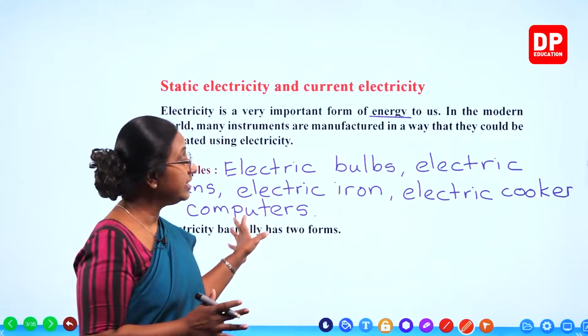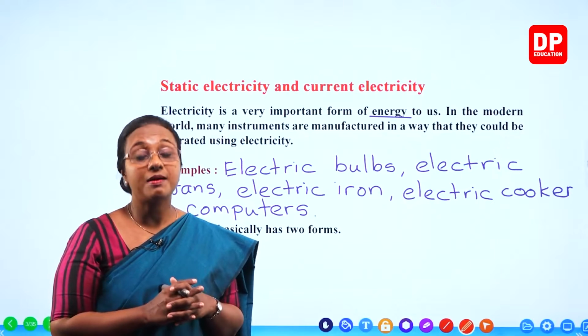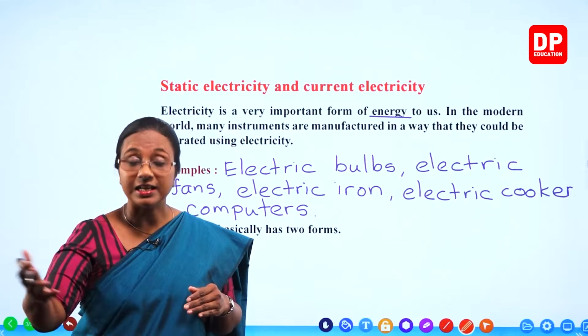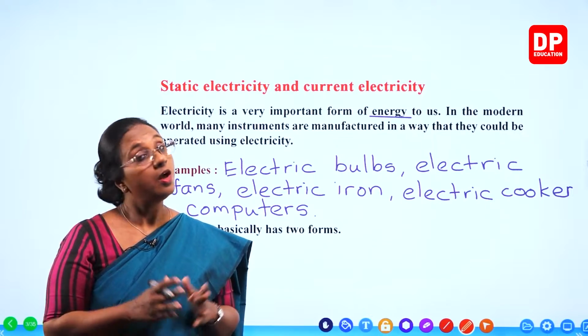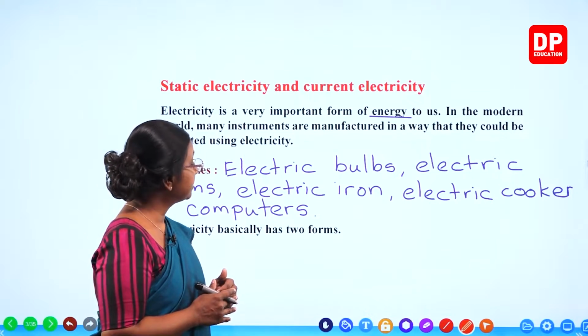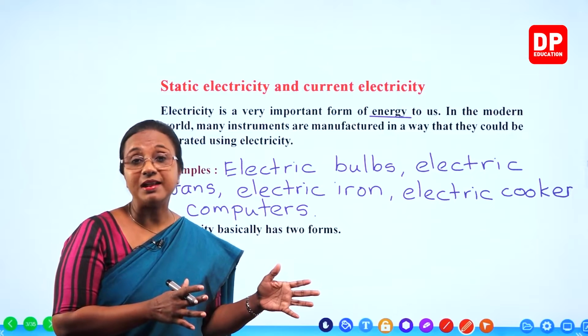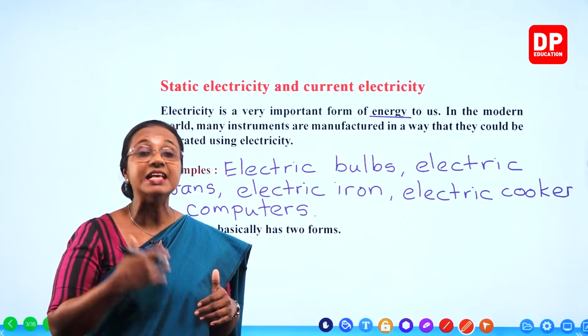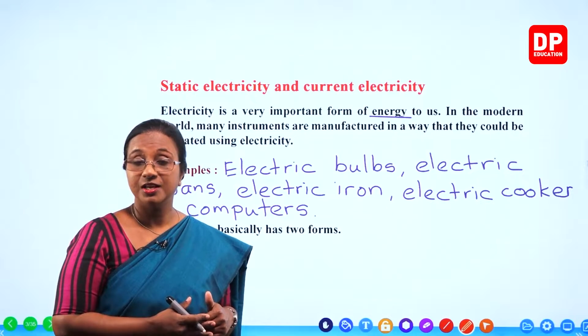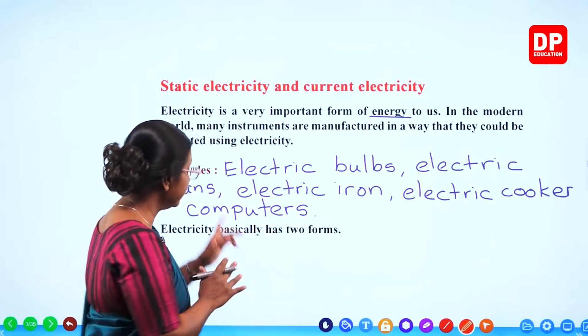That is why in all these instruments we have the power cable, so that you can connect it to the power supply through which current will flow. Of course, instruments like computers do have a battery, so they can work on battery also, but there again, there is current electricity. So they all need current electricity.